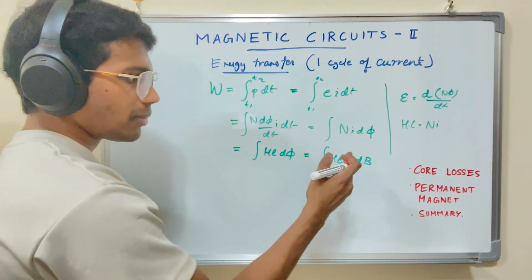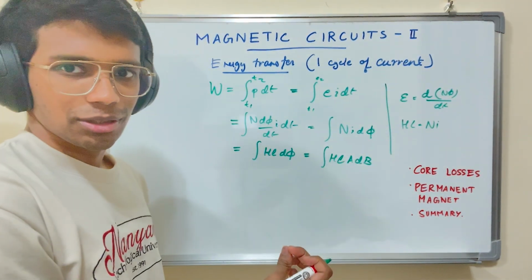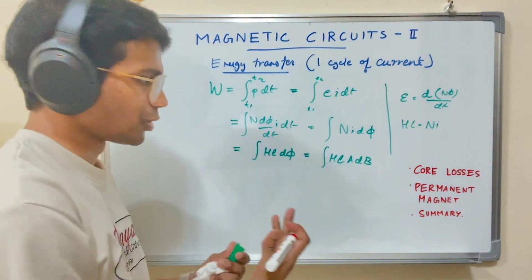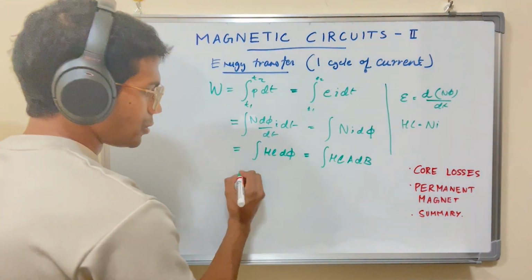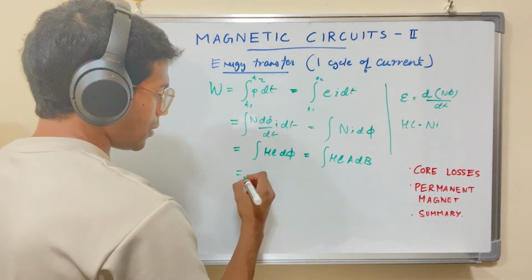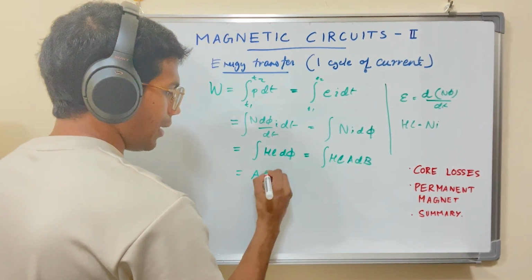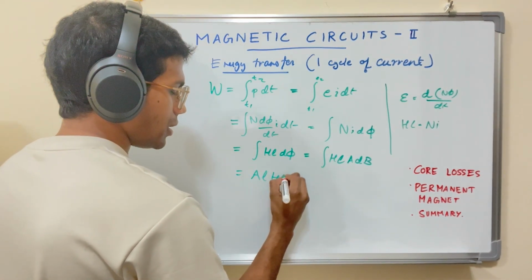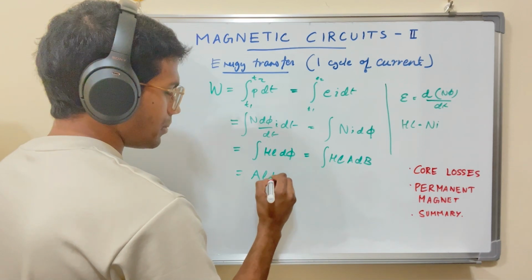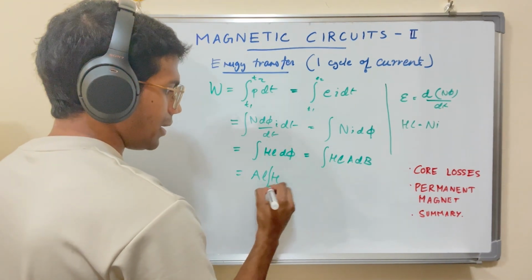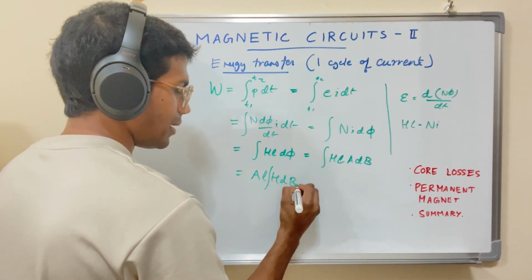Now A is taken out because A is a constant. The area of the loop is not changing in this particular scenario. So we're going to take these values out, A, L, H. We'll just take out AL and put it this way.